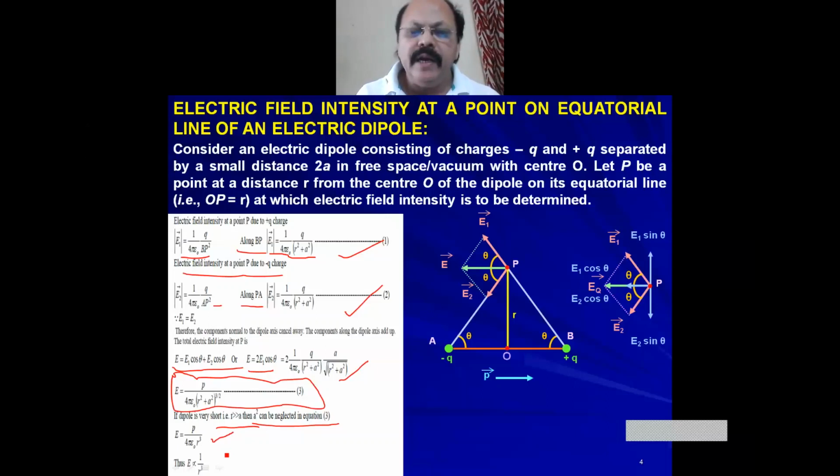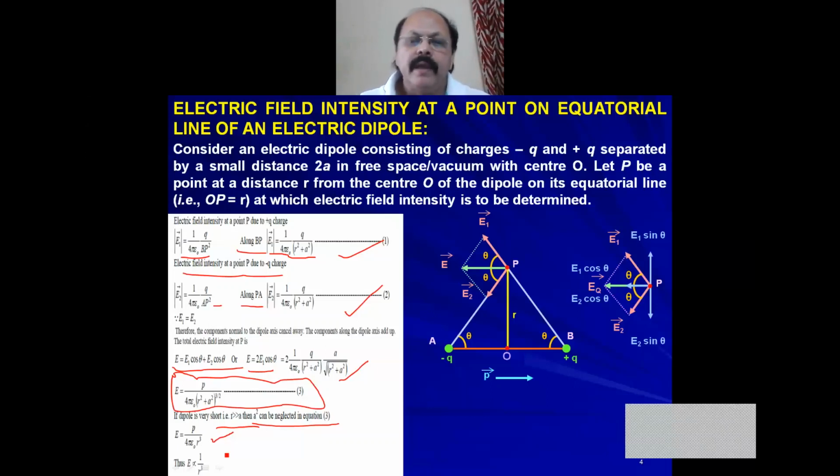Then electric field intensity is inversely proportional to R cube. So remember it, in case of electric dipole, electric field intensity is inversely proportional to R cube. But if you are taking a point charge, then electric field intensity is inversely proportional to R square.